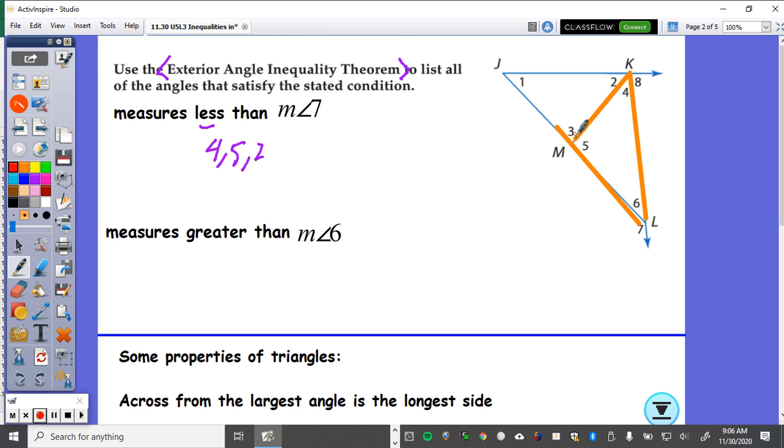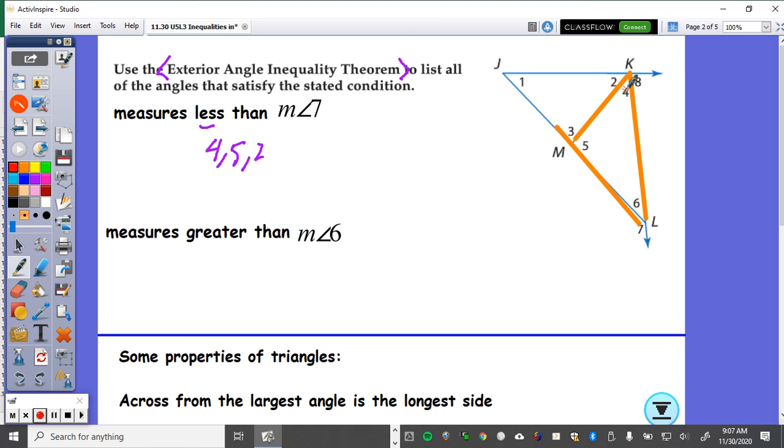Do we agree with that? Okay, therefore, 3 has to be bigger than 6. Well, hang on. Let's just live here for a second.